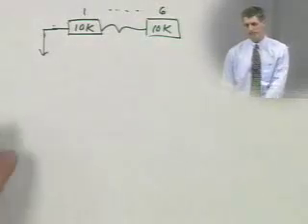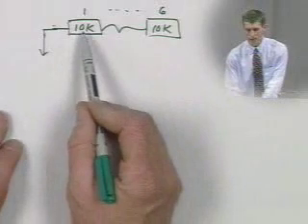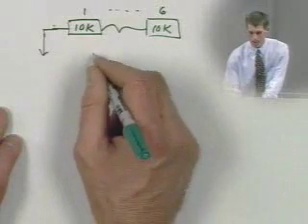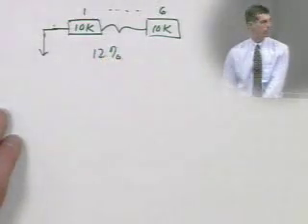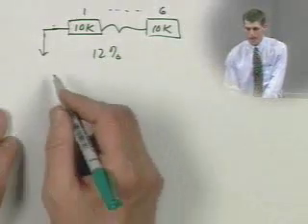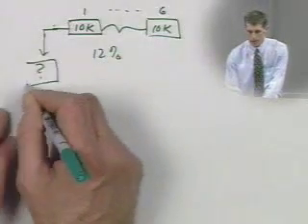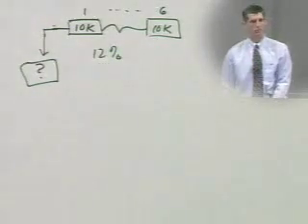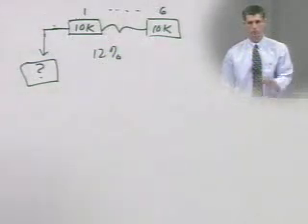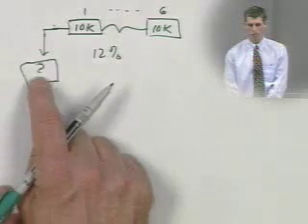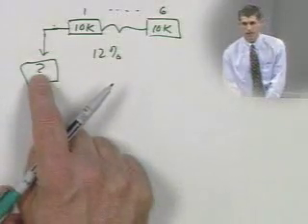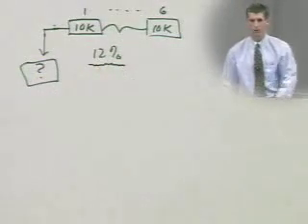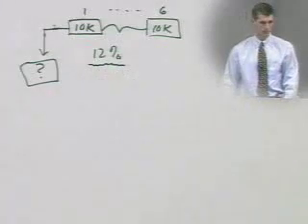Now, given that this machine will generate $10,000 in cash in period 1 through period 6, and given that you require a 12% rate of return, what is the maximum amount you'd be willing to pay for that machine today and still earn a 12% rate of return? So the question is, what is the maximum amount you'd be willing to pay for that machine today, given that your firm requires a 12% rate of return? Does that make sense to everybody?